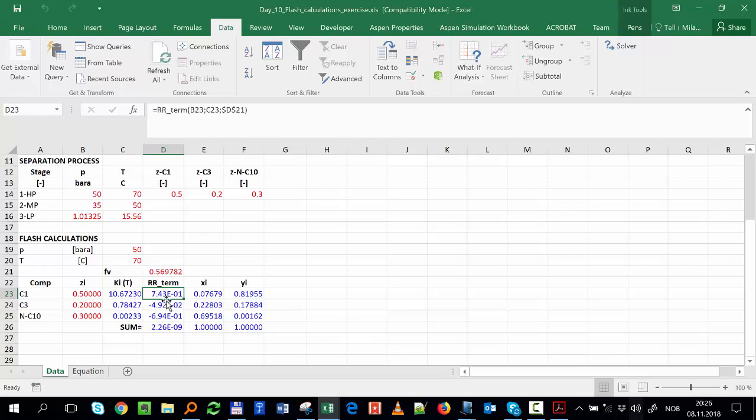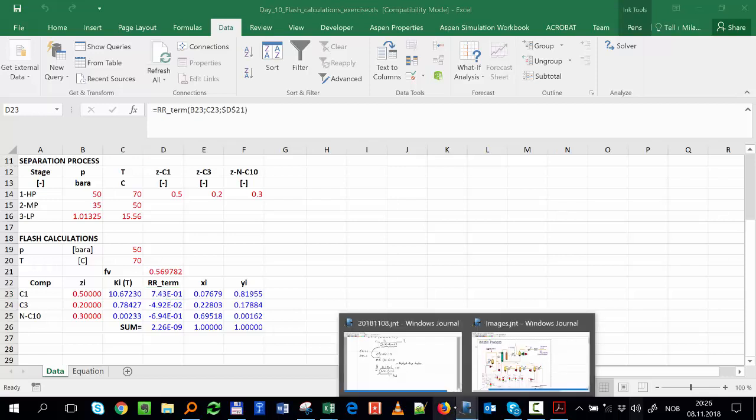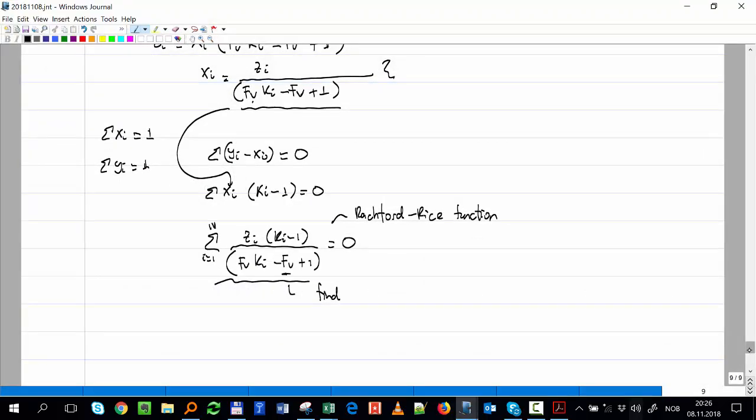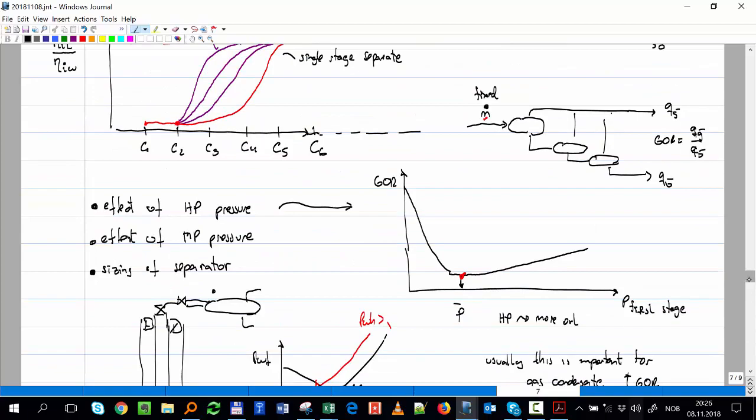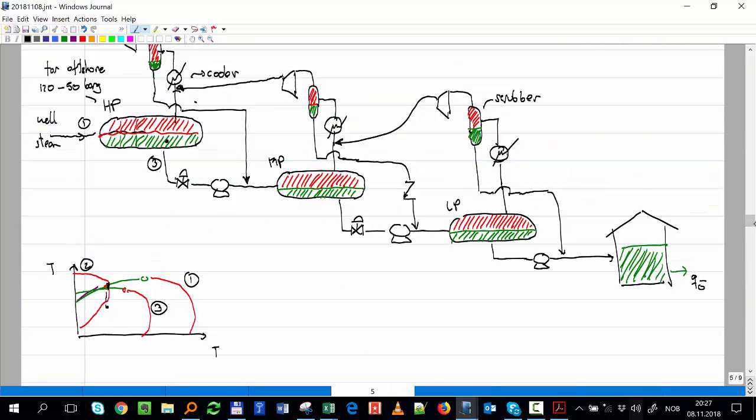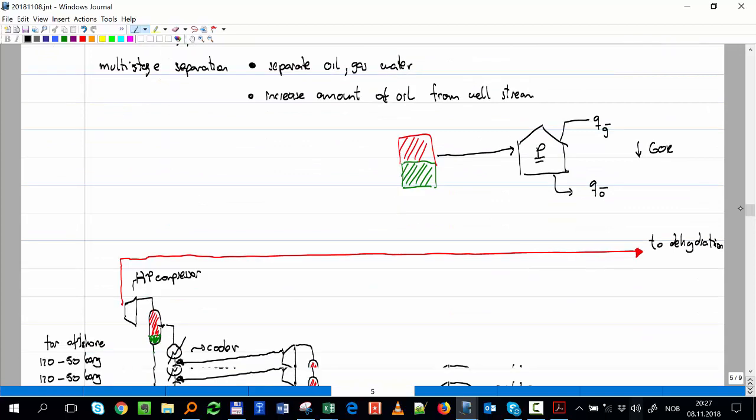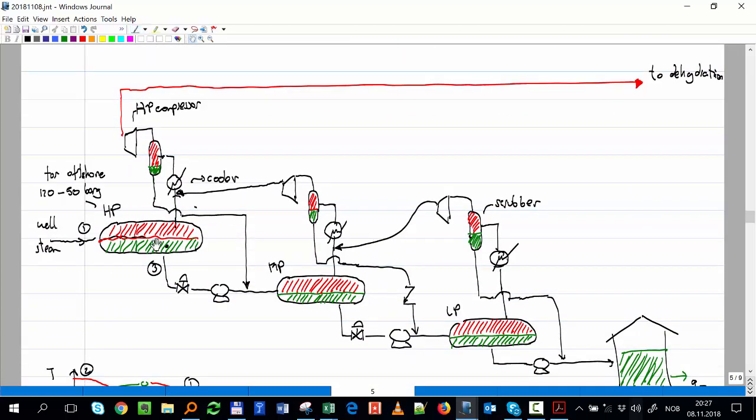Now, what is the composition entering the medium pressure separator? If we go back to our notes, whatever is entering the medium pressure is actually Xi.